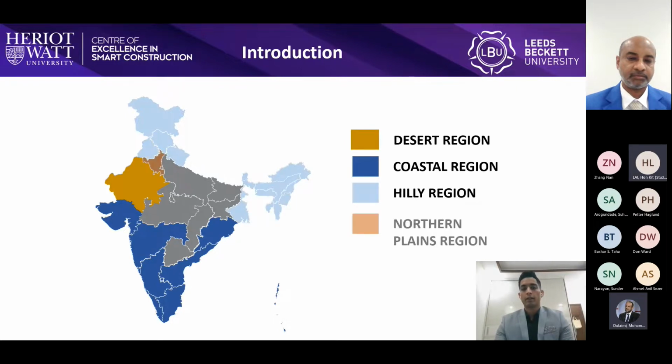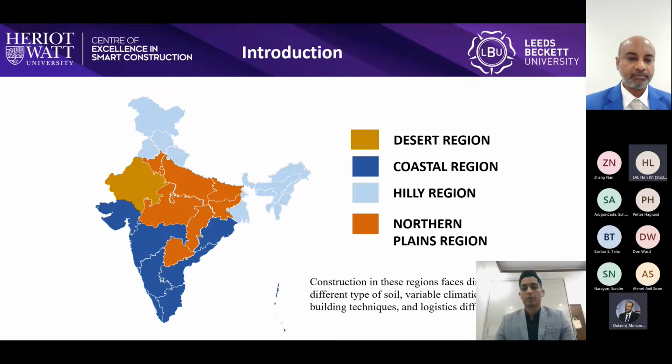And now we highlight the northern plains, which majorly comprise plain area, so easy construction, but also comprise small hilly regions and minor coastal region. Construction in these diverse regions faces distinct challenges like different types of soil, variable climatic conditions, different building techniques, and logistic difficulties, which is majorly in the hilly region.